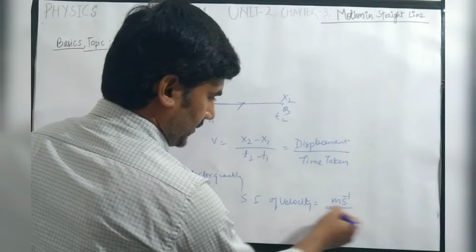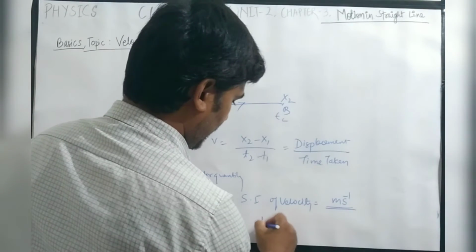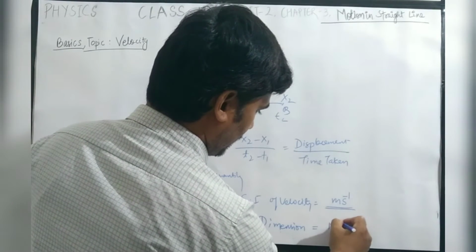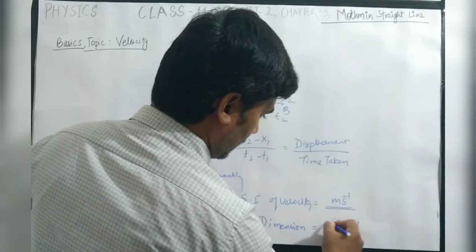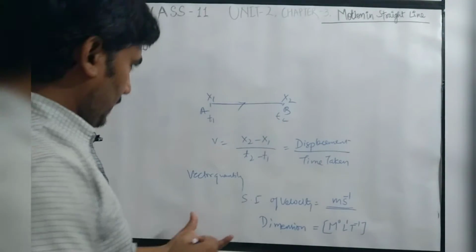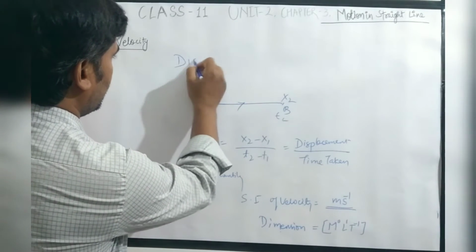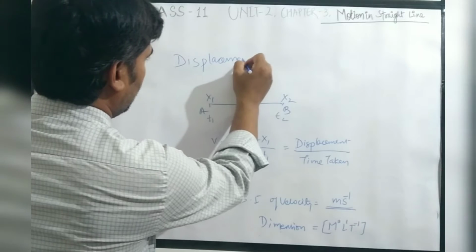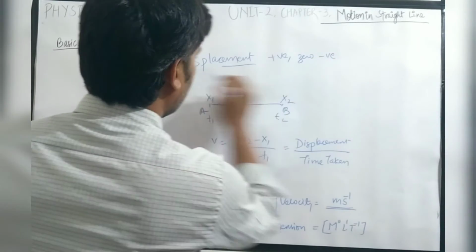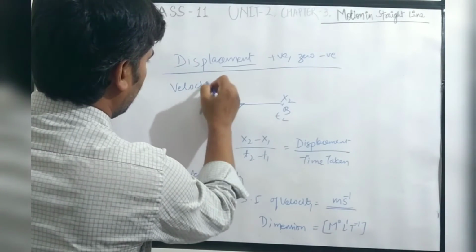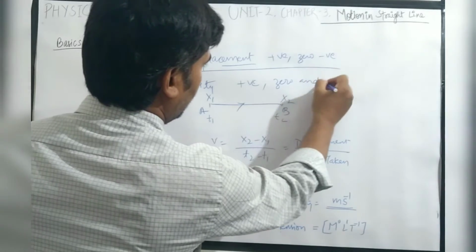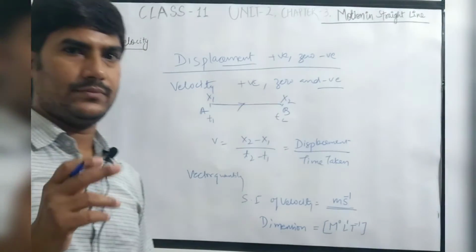Since the unit is meter per second, the dimensional formula is M^0 L^1 T^-1. Since we have discussed that displacement may be positive, 0 or negative, similarly velocity will also be positive, 0 or negative depending upon the situation.